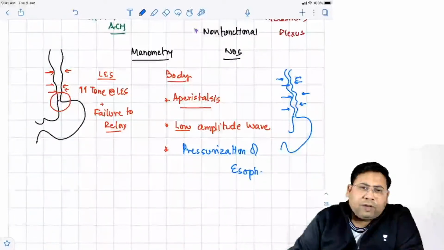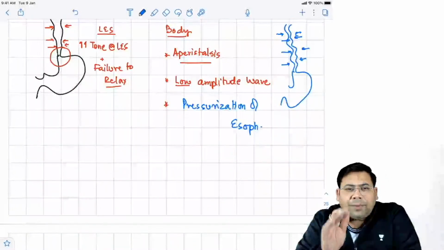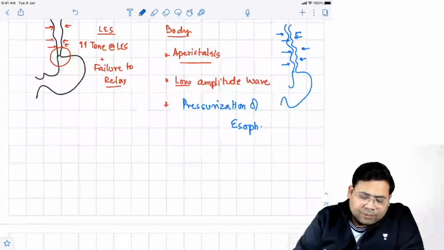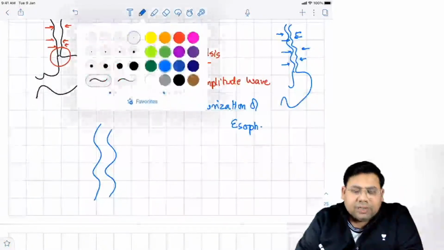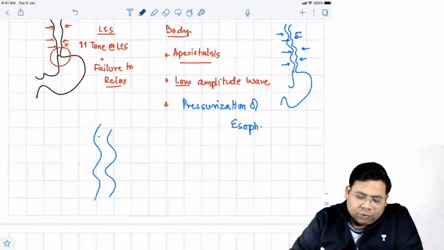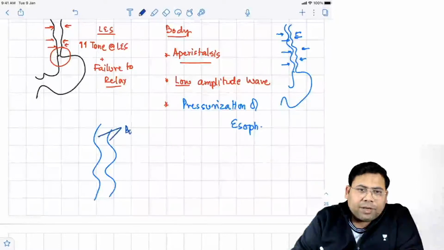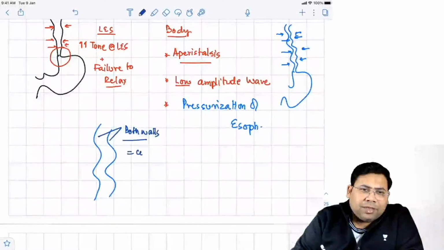Do you know one very important thing, how a peristaltic wave happens? This is how a normal peristalsis looks. Can you see both the walls are complementary? If both walls are complementary to each other, peristalsis will happen.